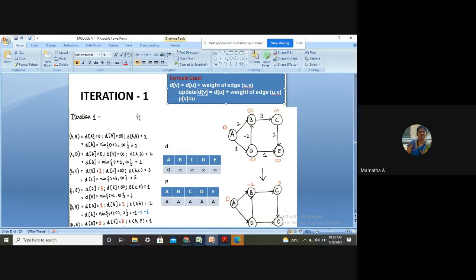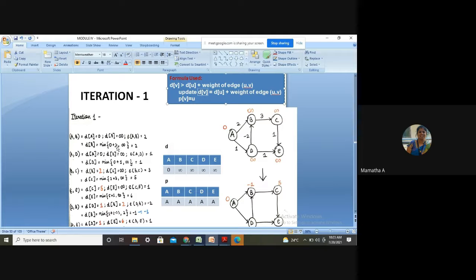So I should find the minimum between dv comma du plus weight of the edge uv. What is dv, students? It is infinity. As of now, there is no path from A to B.